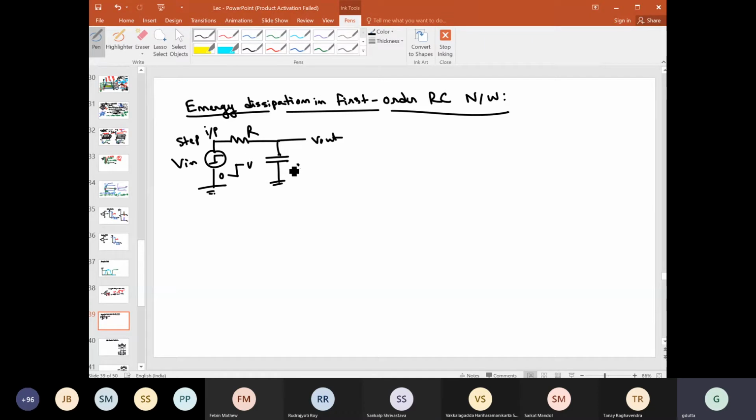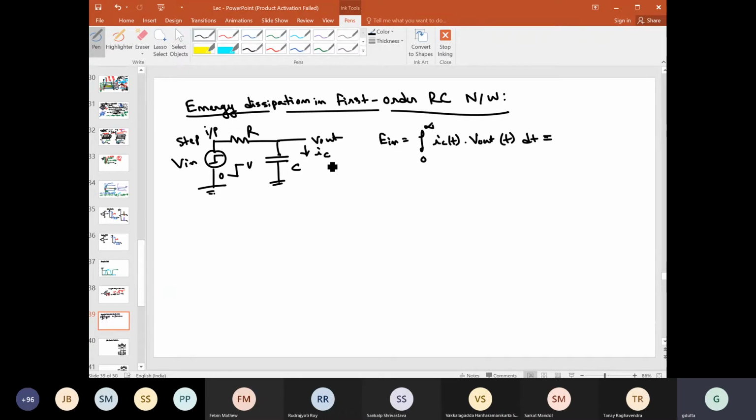So in that process, what will be the energy delivered by this source? Let us estimate that. Quite simple: we take a simple integral of I times V. So I is this capacitor current IC of t, into V out of t, dt.